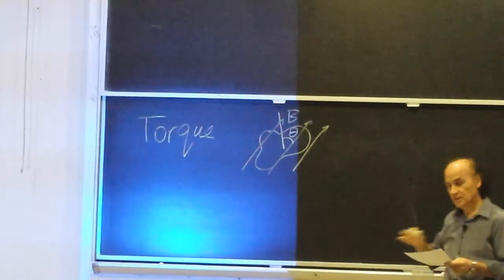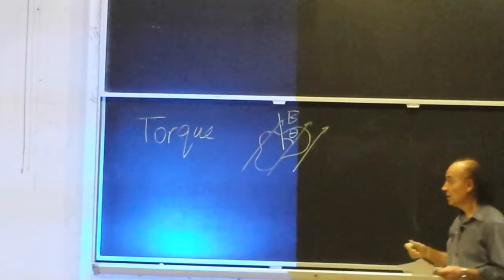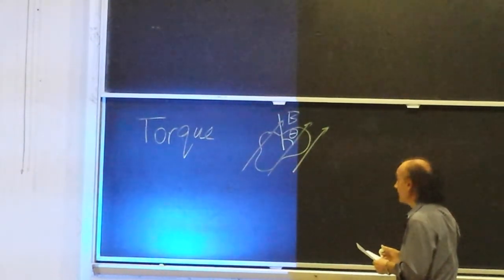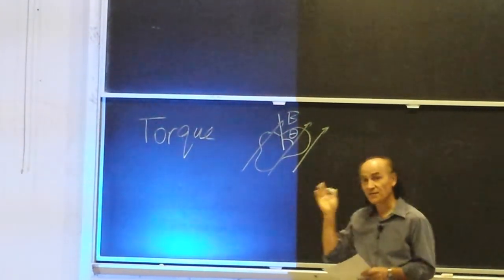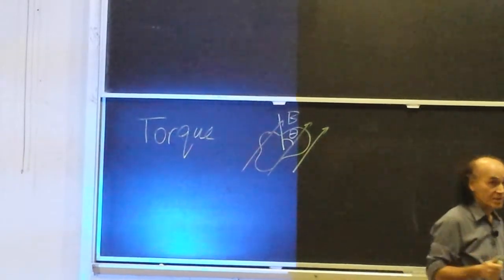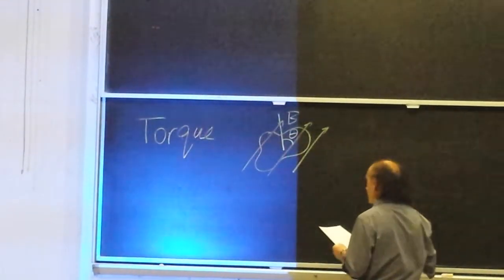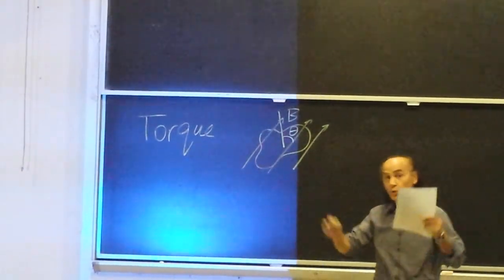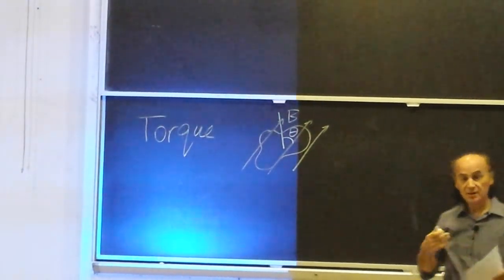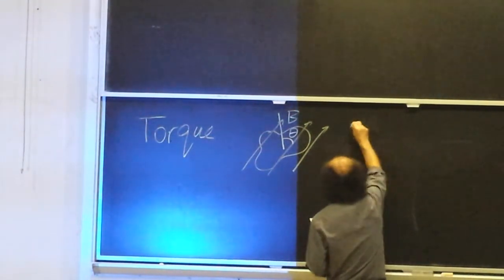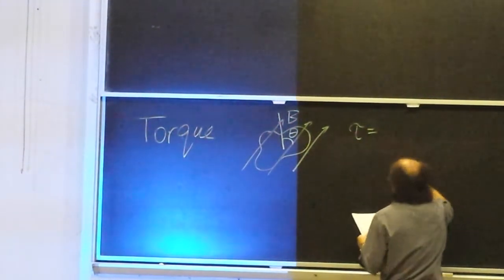It's a plane, a circuit with a wire, and there is a magnetic field. The angle between the magnetic field and the normal to the surface is theta. So this magnetic field is exerting torque. The torque can rotate this circuit, and the torque is given by this formula.